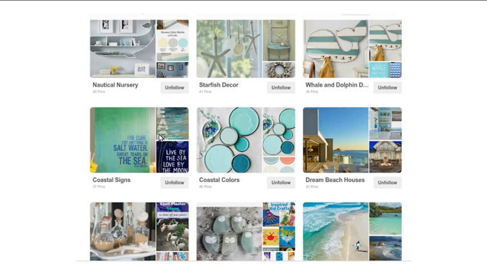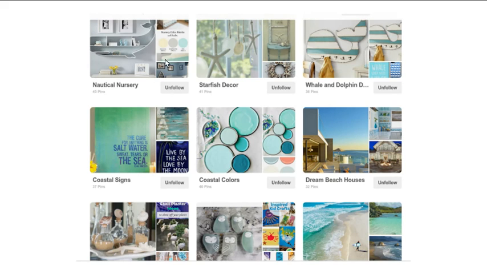Because she is a nautical coastal themed seller, her colors are all the nautical and coastal themed colors, the blues and the grays and the whites, colors you would see in beach houses, things like that. So all her board covers pull those colors in. Her brand colors are represented throughout here, and they're all very cohesive and pulled together.